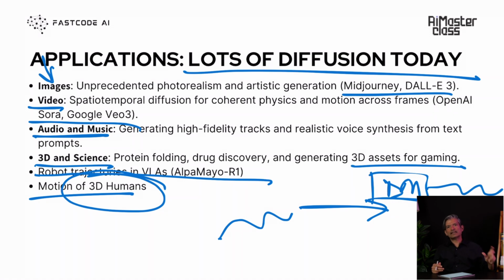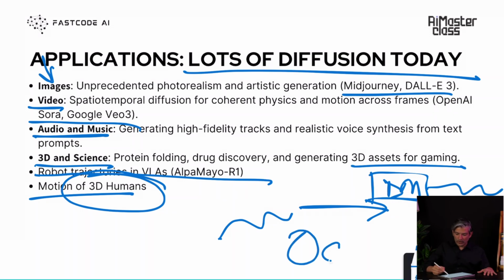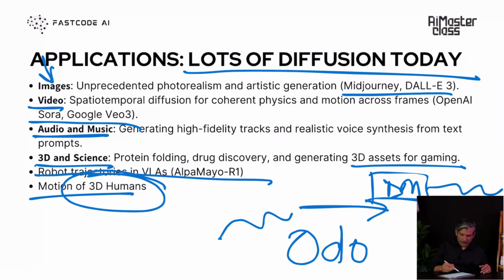The only downside is it is slow, and there's a lot of research happening where we try to do it in a fast way. Siddharth and I, Sridhar, have done it for human pose estimation, and I invite you to look at our paper Odo.